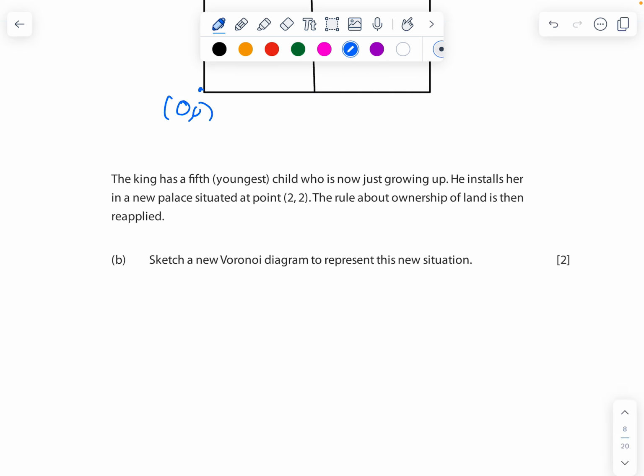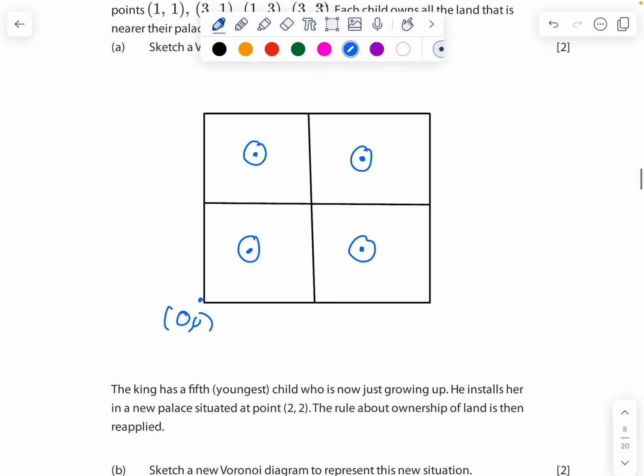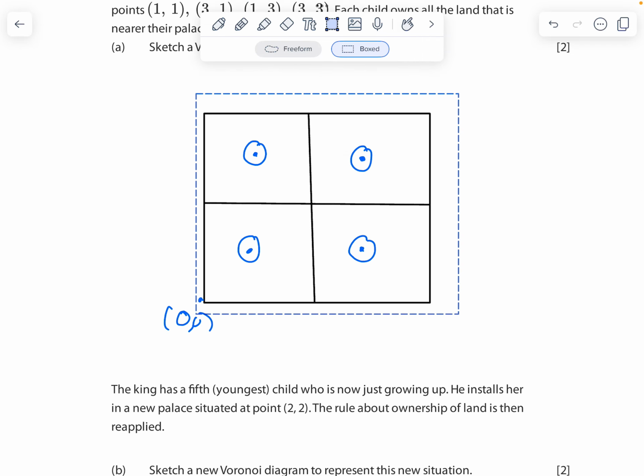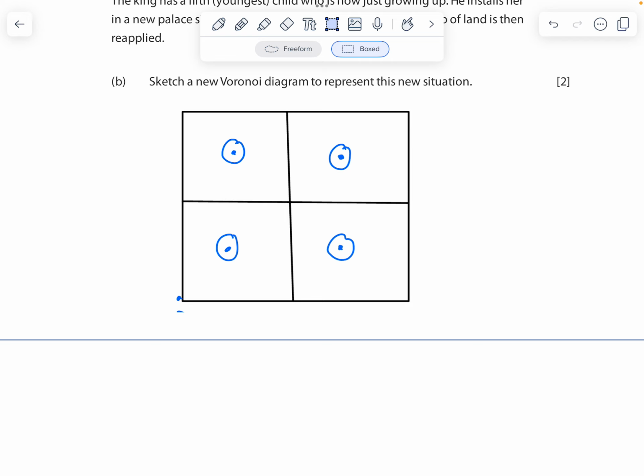The king has a fifth, youngest child who is now growing up. He installs her in a new palace situated at (2, 2). The rule about ownership of the land is then reapplied. Sketch the new Voronoi diagram. So I'm going to draw the same Voronoi diagram, then copy this. Now the fifth child is placed in the middle at (2, 2).